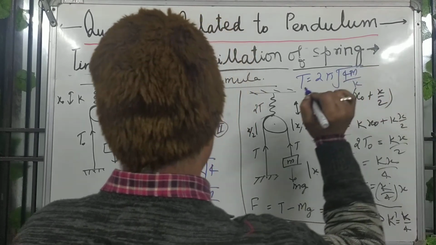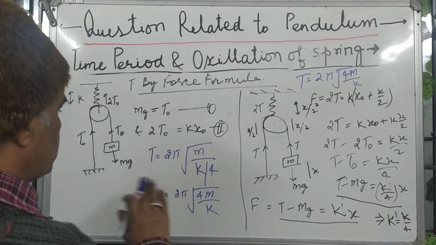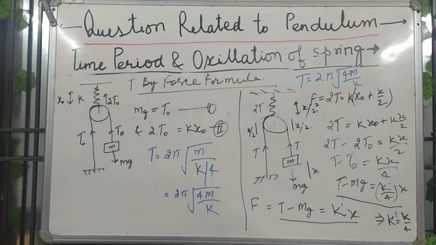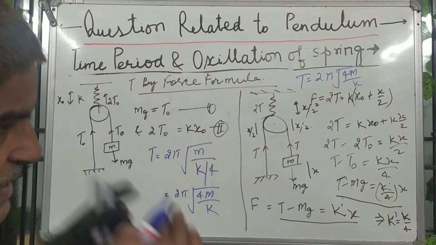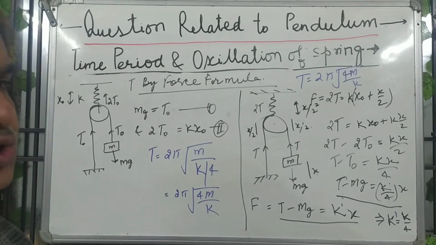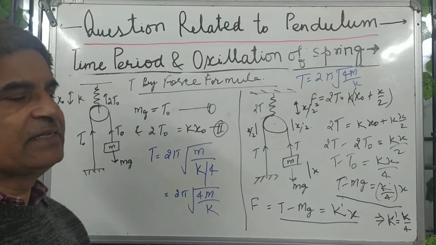This answer you have got. Now we are going to study how to find the time period by the energy principle. What is the importance of this? Since the energy principle is very simple and a shortcut, I'll teach you the concept so that you will find the answer in a very easy way.